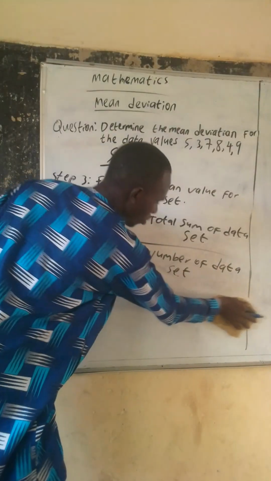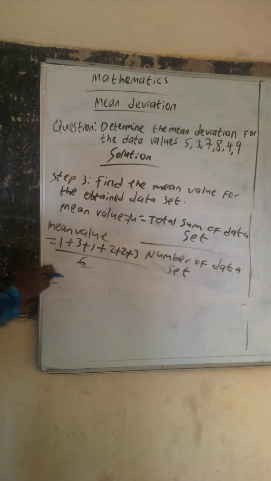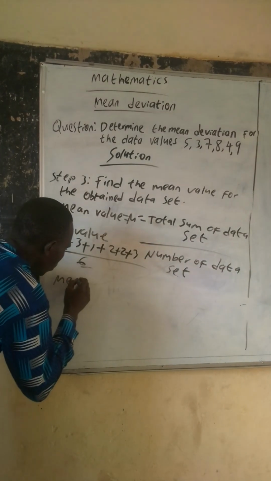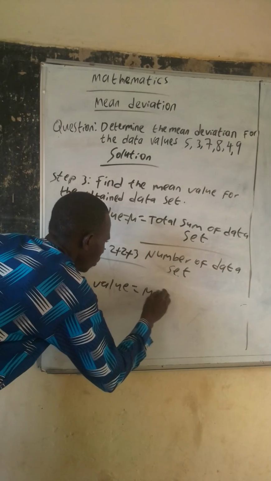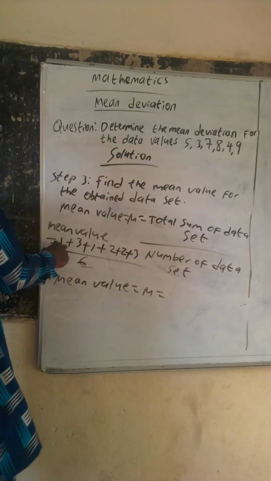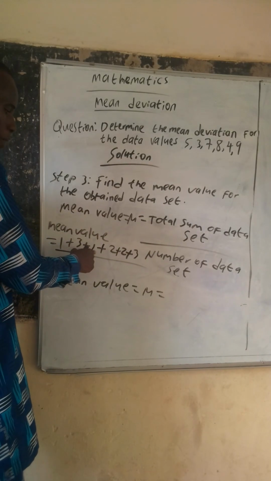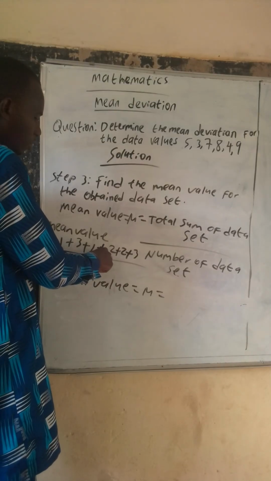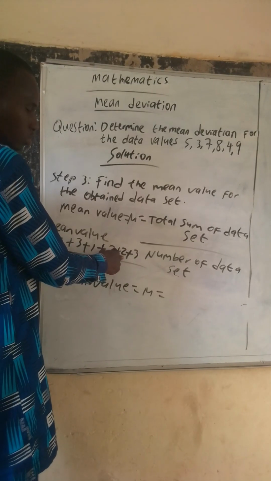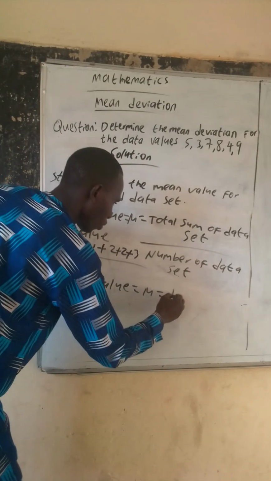Having done that, let's add them together. We have 1 plus 3, 4. 4 plus 1, 5. 5 plus 2, 7. 7 plus 2, 9. 9 plus 3 is 12.